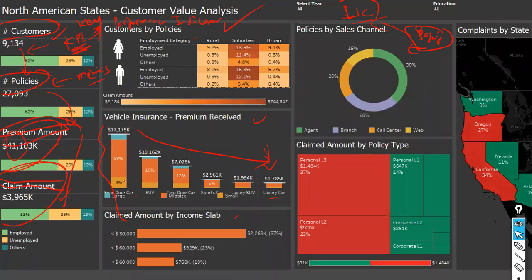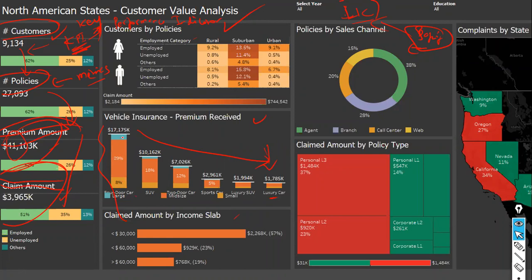Again, now we are giving different color combinations: mid-size, small-size and large-size. In the 4-door car itself, there are 3 classifications. For the small-size car, we are not getting much premium, 8% only. Mid-size car, 29% we are getting.